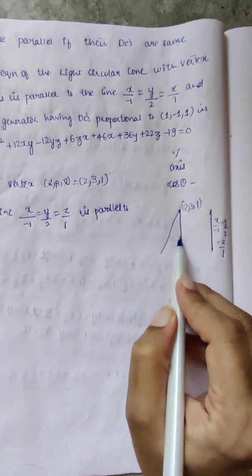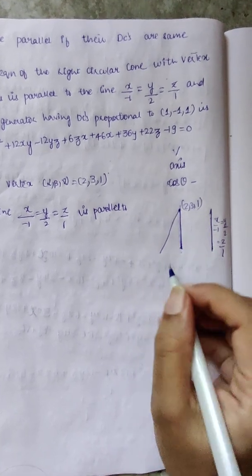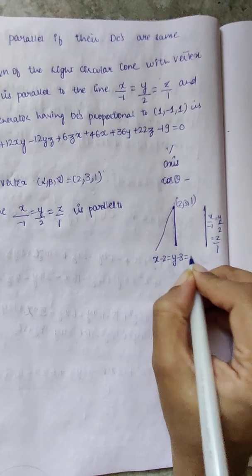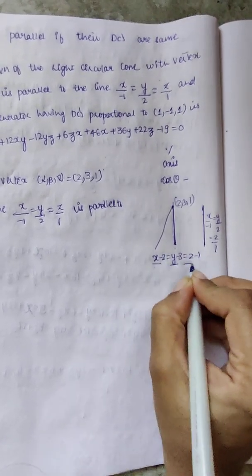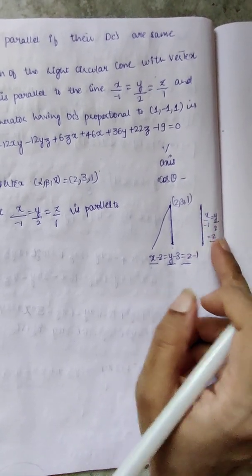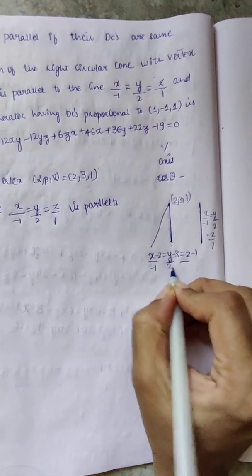So what about the straight line I have to construct? This straight line is passing through the point (2, 3, 1). So I'm going to get it as (x minus 2), (y minus 3), (z minus 1) divided by, since this line is parallel to the given line, the direction cosines would be the same, so I'm going to copy down the same denominators.